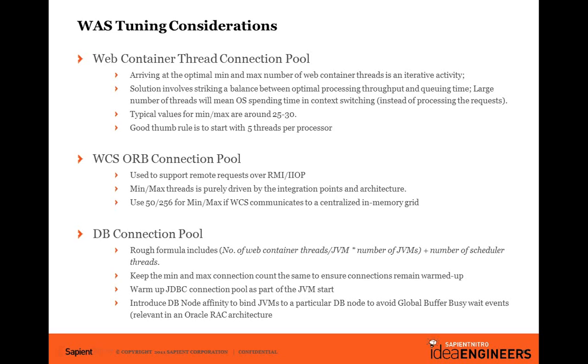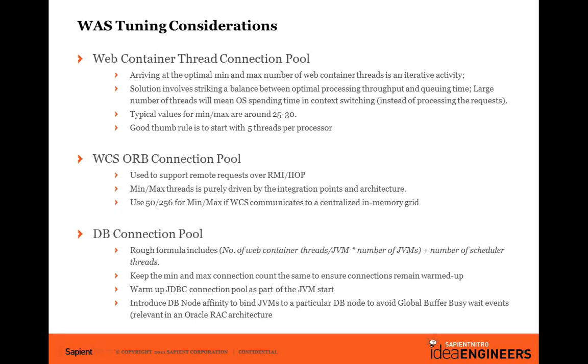In the past we have set the values around 25 to 30 threads as a limit per JVM, and this has worked out well. Setting it to something like 60 or 70 will just make your CPU run very hard and will not give you the value. You will just see so much queuing.